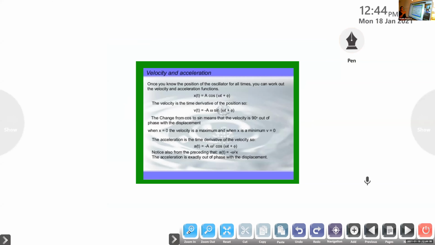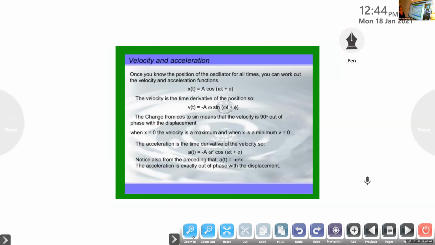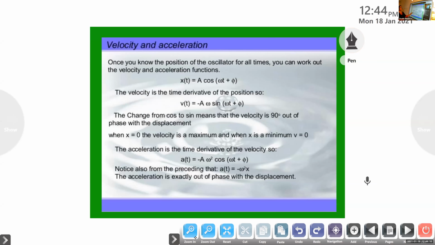On that basis, these are the equations. They are the same equations, so you are not going to write them again; they are the same equations we learned in simple harmonic motion. x equals A cos(omega t plus phi), and then velocity is the same, so you don't have to repeat.